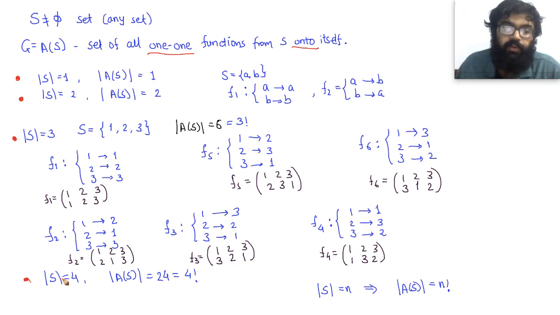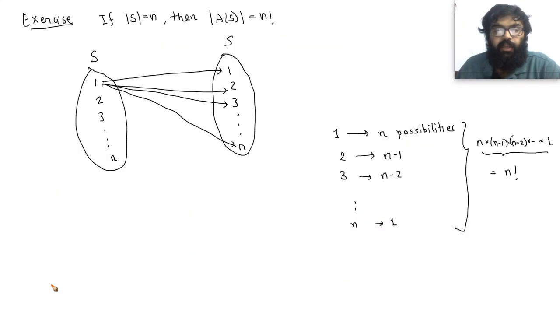I hope you have not tried all this, otherwise there will be 24, and it would be by trial and error, by brute force, to list all of them. It will be very difficult to list all 24. We might miss something, or we might list more than one function more than once. So when the cardinality of S equals n, the cardinality of AS is n factorial.